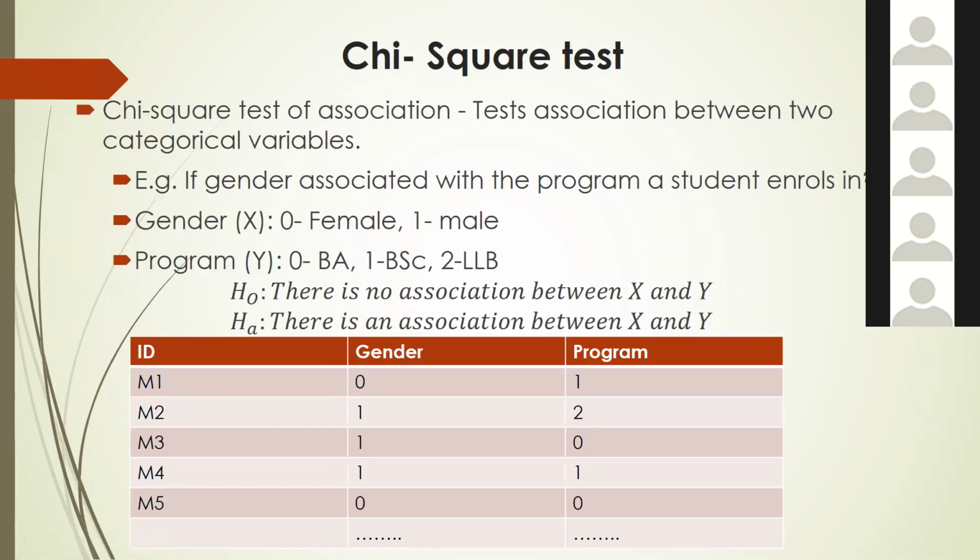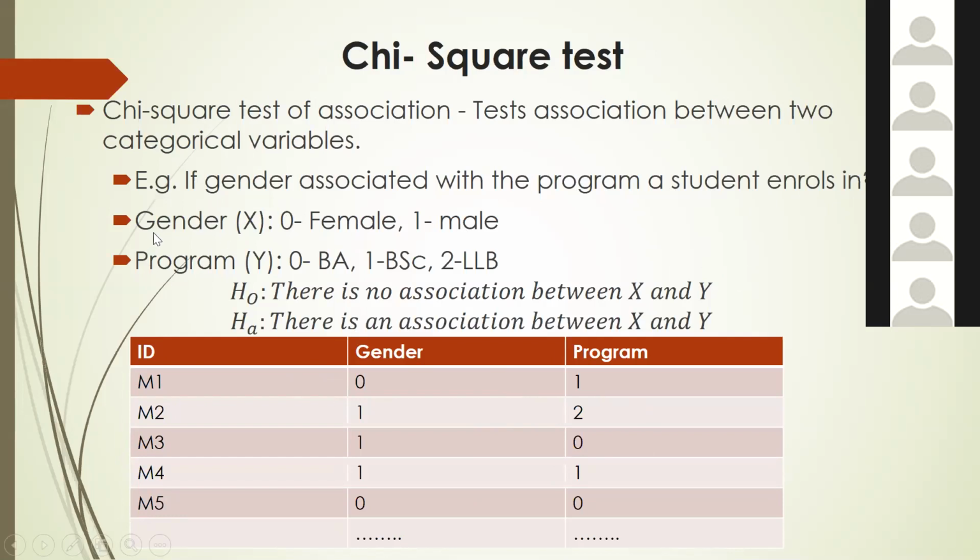For this one, you are testing if two categorical variables are significantly associated with each other. For example, you may want to test if gender is associated with the program that a student enrolls in. Gender is a categorical variable X, where, as entered in the package, 0 stands for female and 1 stands for male.